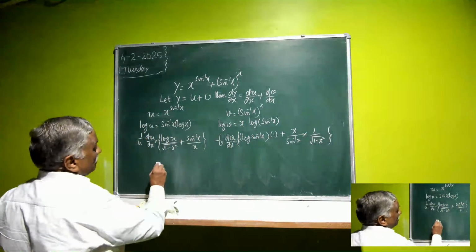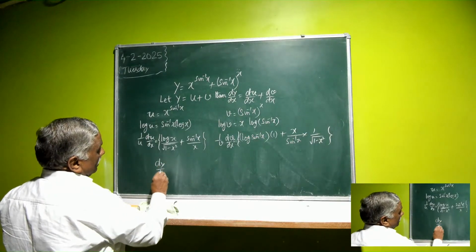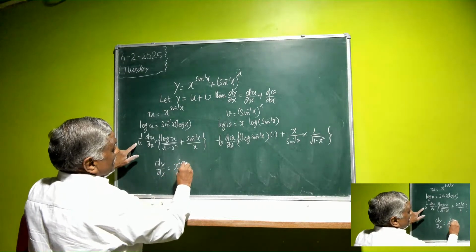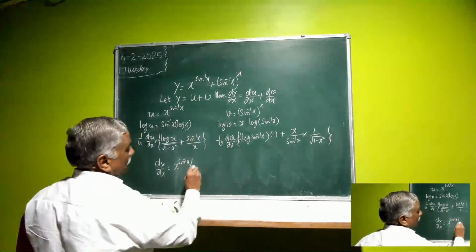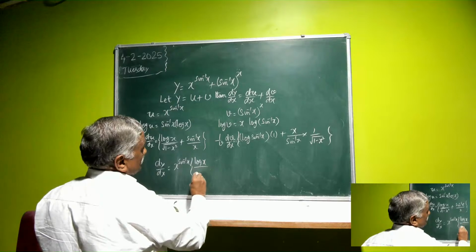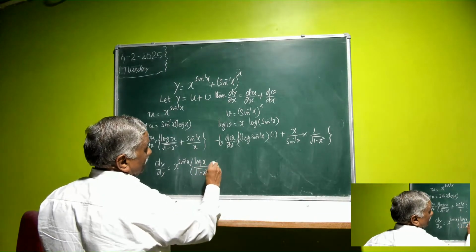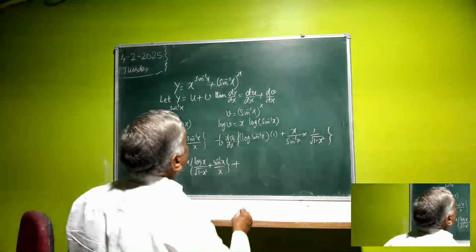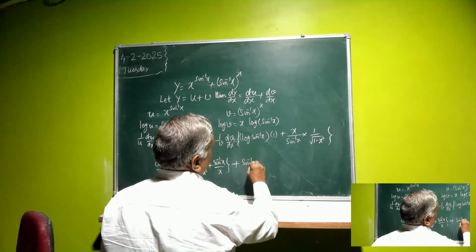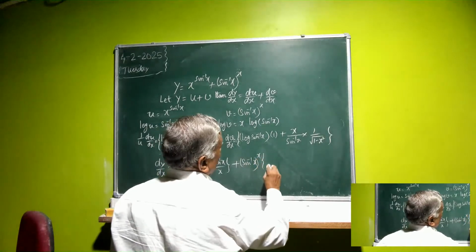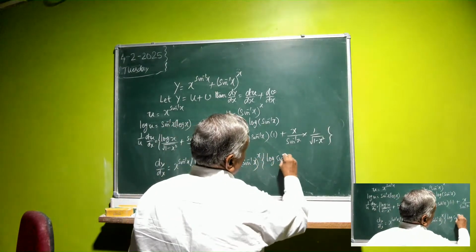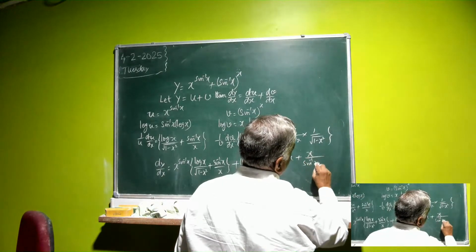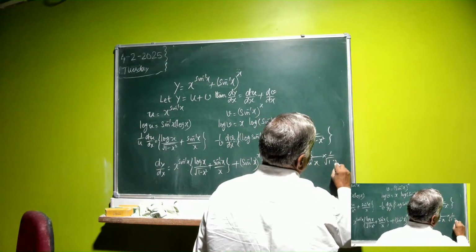So what is your final answer? I am going to write the final answer. You can write other steps yourself. dy by dx is x to the power of sin inverse x into log x over root of 1 minus x square plus sin inverse x by x, plus sin inverse x to the power of x into log sin inverse x plus x over sin inverse x into 1 over root of 1 minus x square.